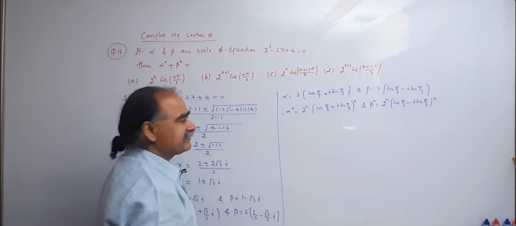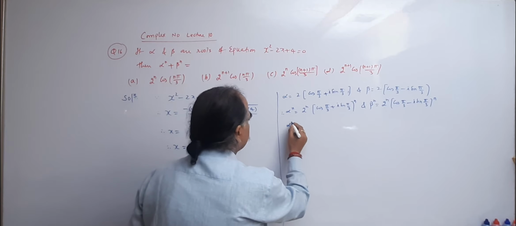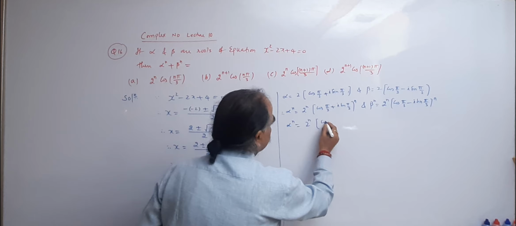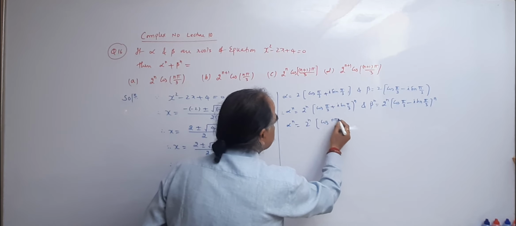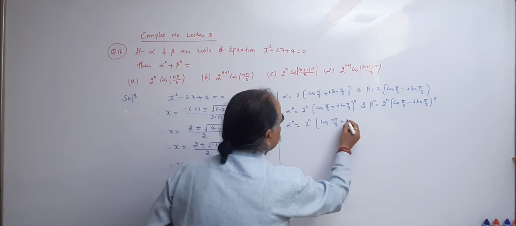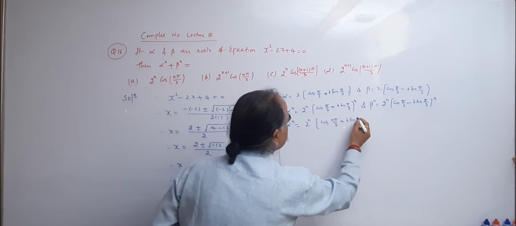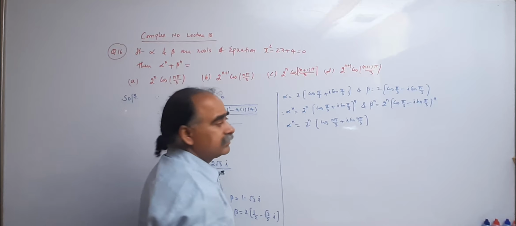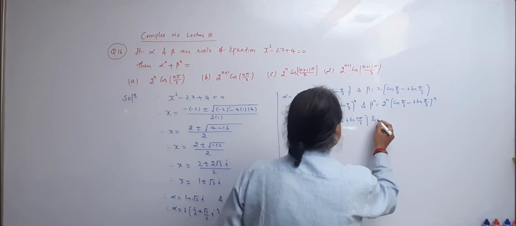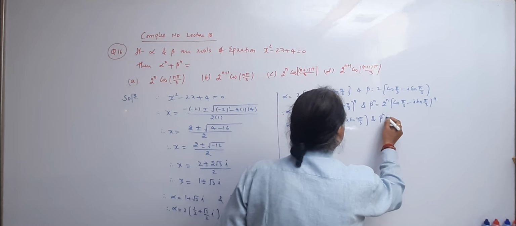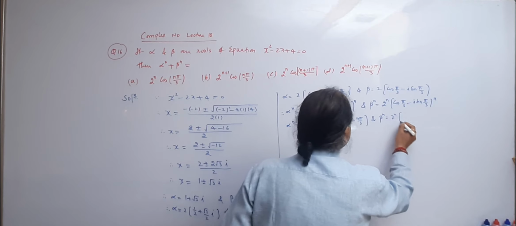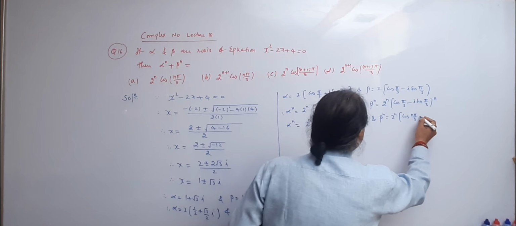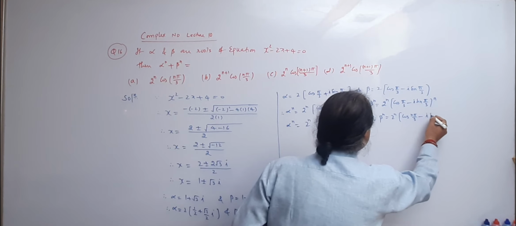Now, by De Moivre's theorem, alpha raised to n is 2 raised to n (cos n pi by 3 plus i sin n pi by 3), and beta raised to n is 2 raised to n (cos n pi by 3 minus i sin n pi by 3).